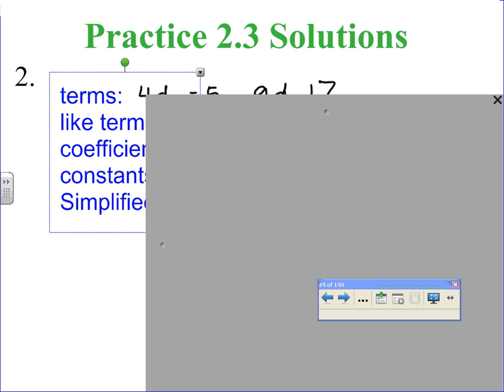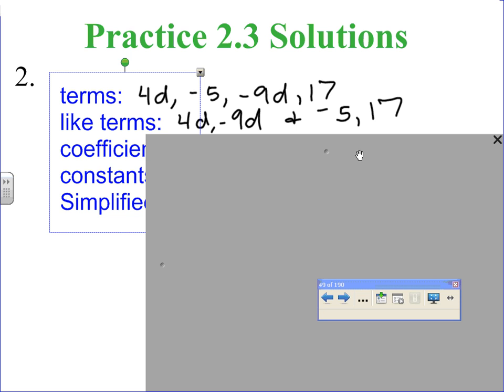Yep. Good job. Like terms. Okay, make sure you have positive 4D, not negative. What did you say? Oh, okay. Yeah, just make sure you know whether it's positive or negative.